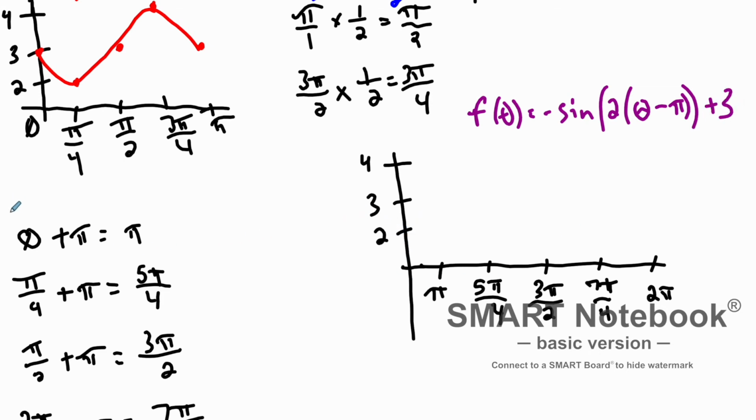So let's see what happened here. 0 got moved to pi. So this point right here, 0, 3, gets moved to pi, 3. Next, pi over 4 gets moved to 5 pi over 4. So pi over 4, 2, right? Pi over 4, 2, gets moved to 5 pi over 4, 2.